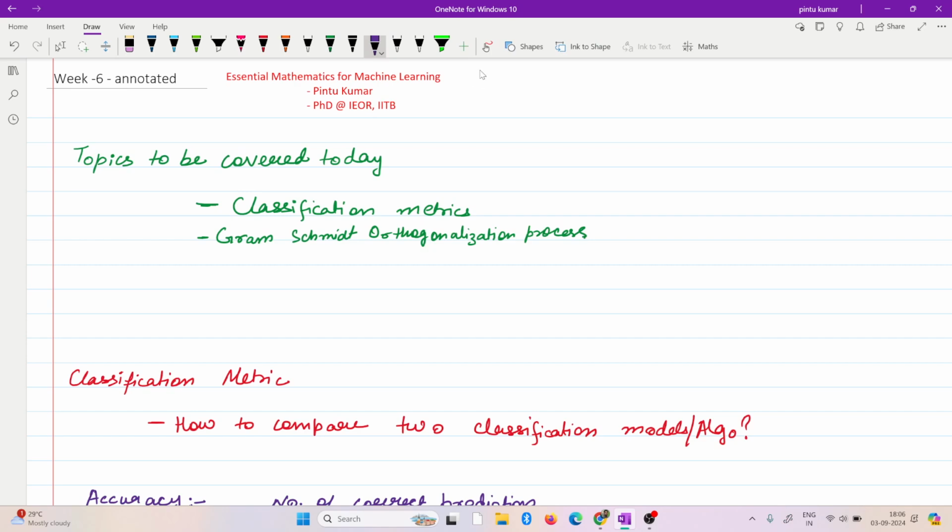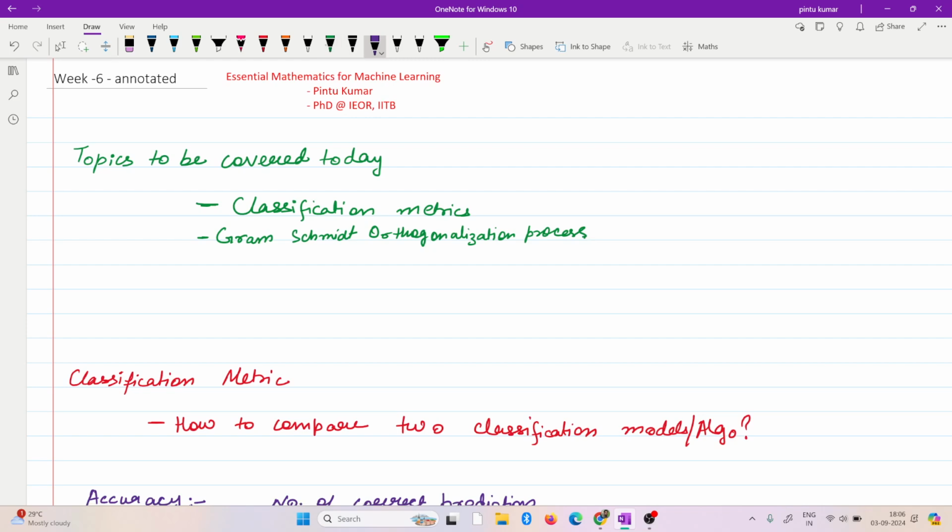From next week, I think we will be starting with calculus, and later on we'll do some parts of probability and statistics. So the topics that I plan to cover today are classification metrics. We'll look at the confusion matrix, and then we will look at the F1 score, when to use which kind of score, and those kinds of things.